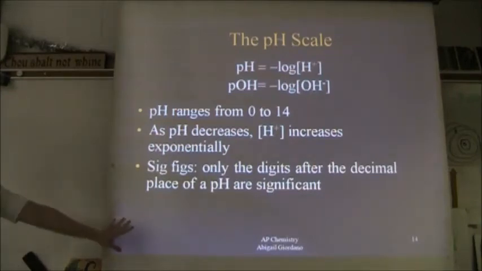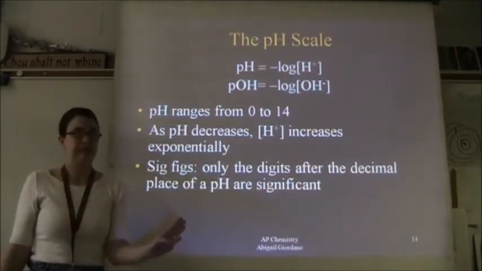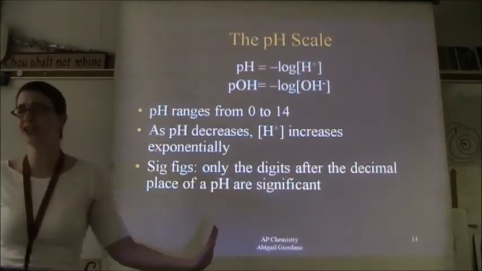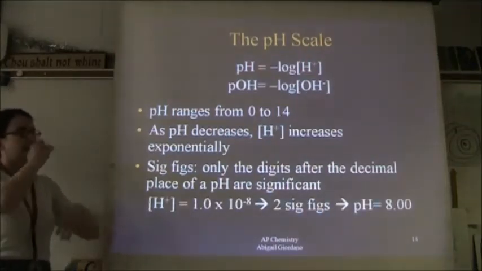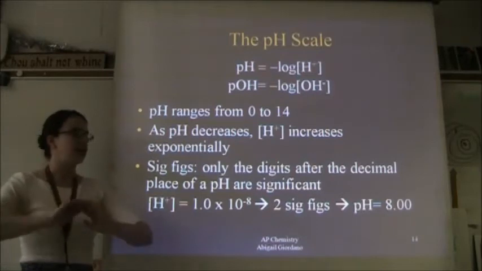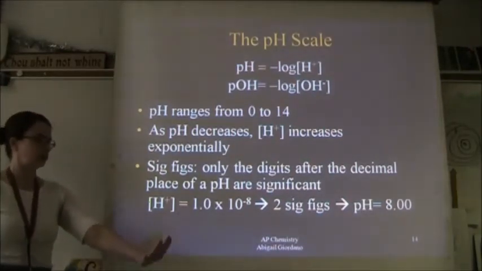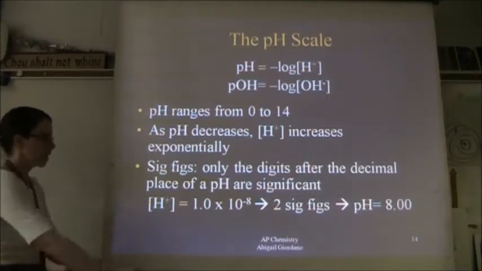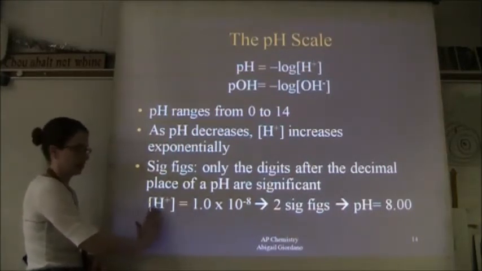Now, please don't shoot the messenger. pH has its own rules for sig figs. Sorry. It's not difficult, though. Let me give you an example. Let's say I give you a very, very easy, simple calculation. I give you the molarity of hydrogen ion, right here.